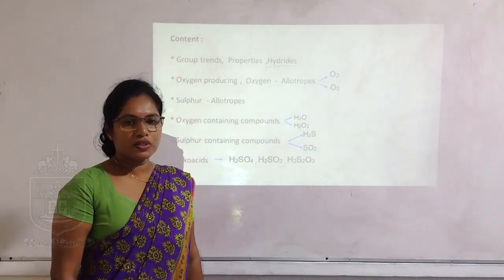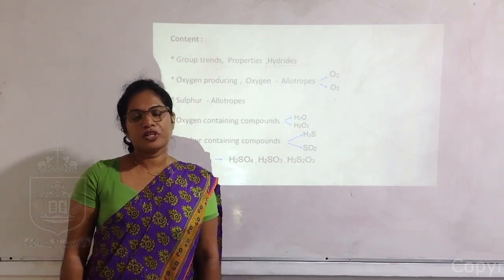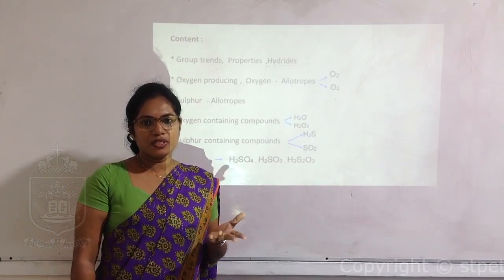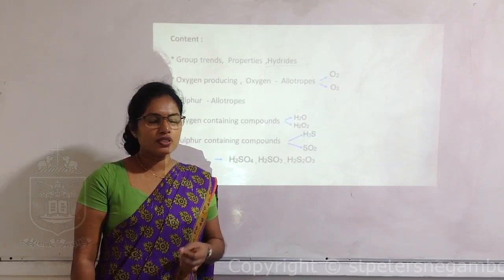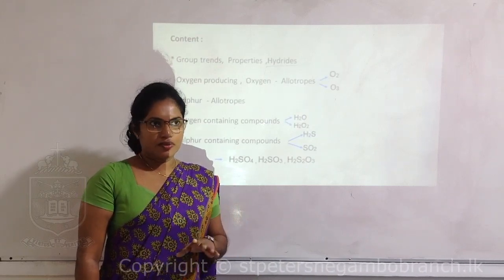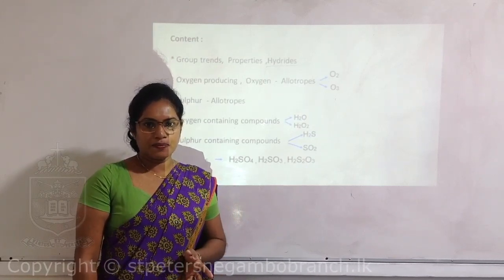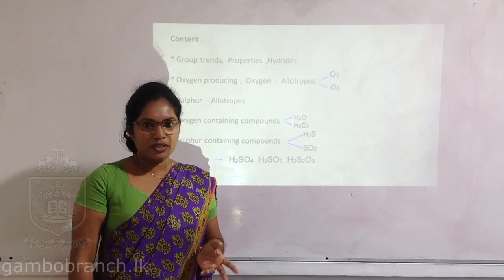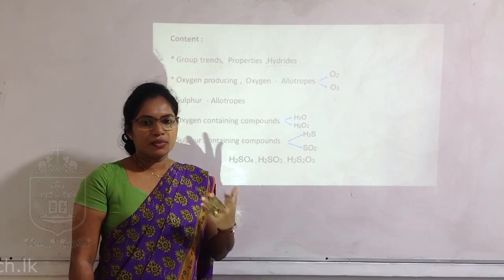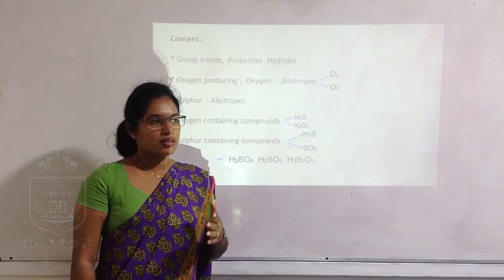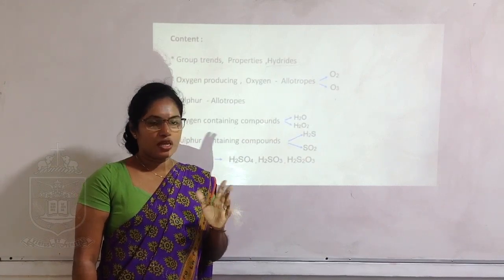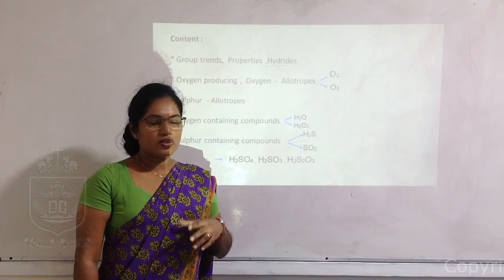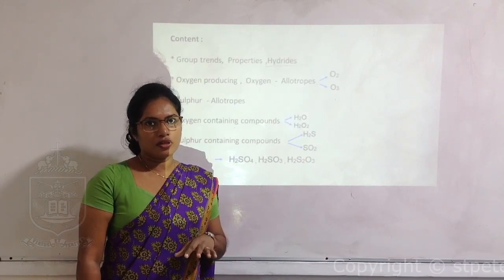First, we are going to discuss the group trends and properties of group 16 elements. Then, we talk about the hydrides of group 16 elements. After that, oxygen and the allotropes of oxygen.